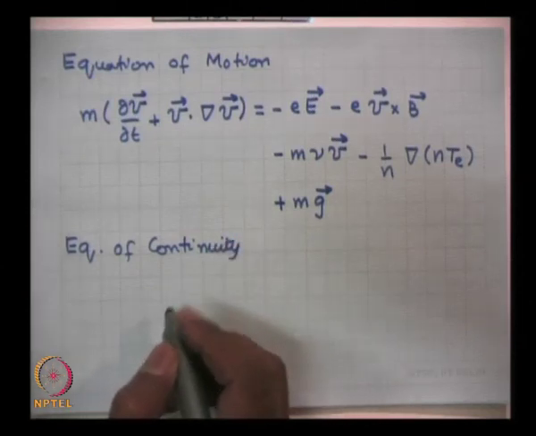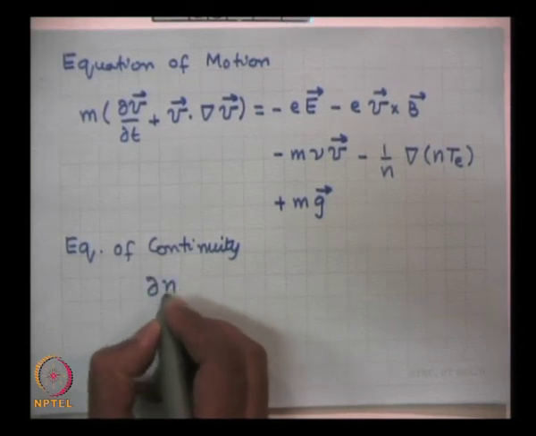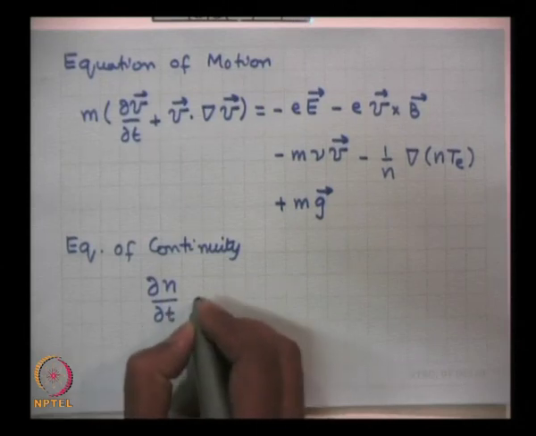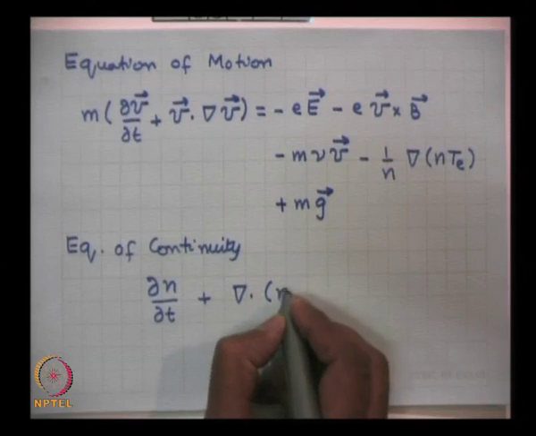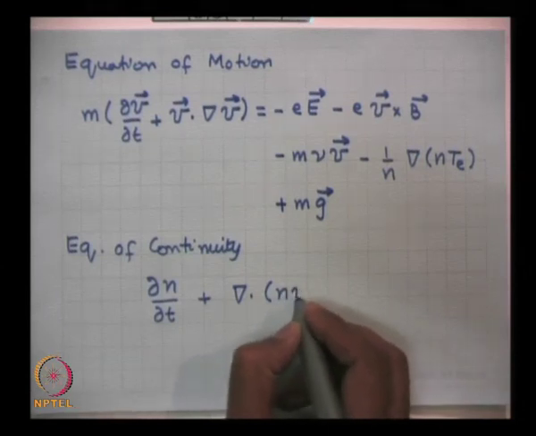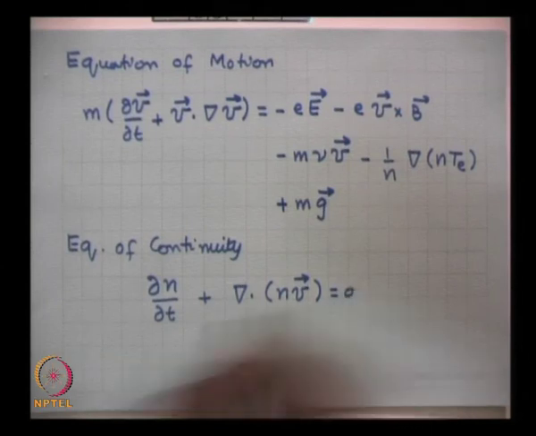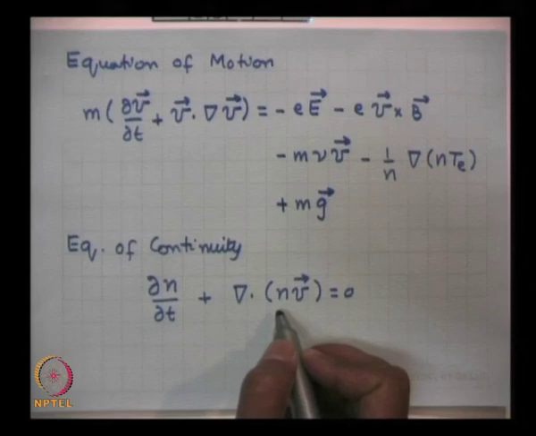The equation of continuity can be written as the partial rate of change of density with time, delta n by delta t, plus divergence of nv is equal to 0. I think I need to explain a few things here.